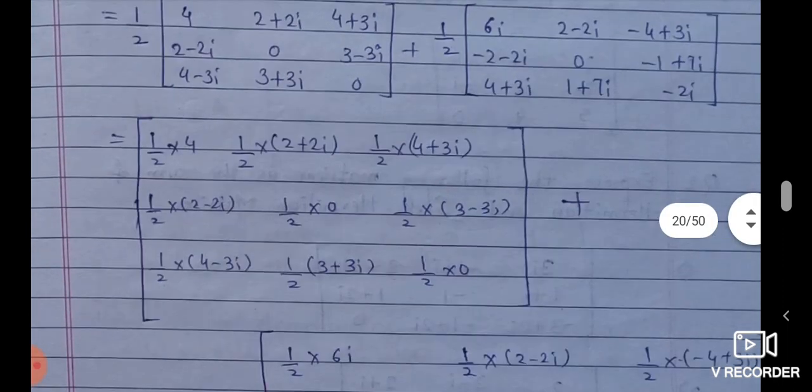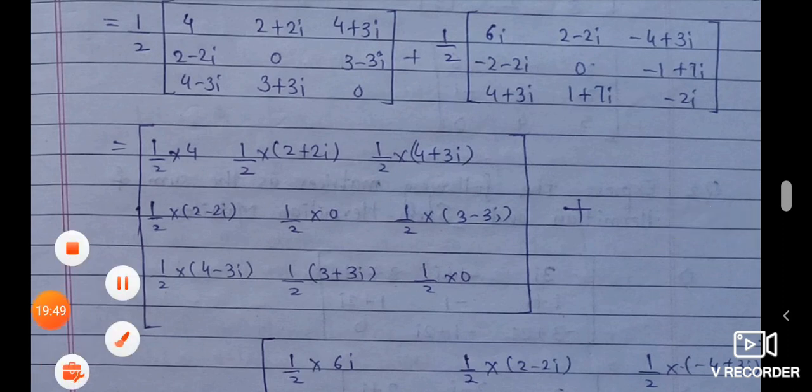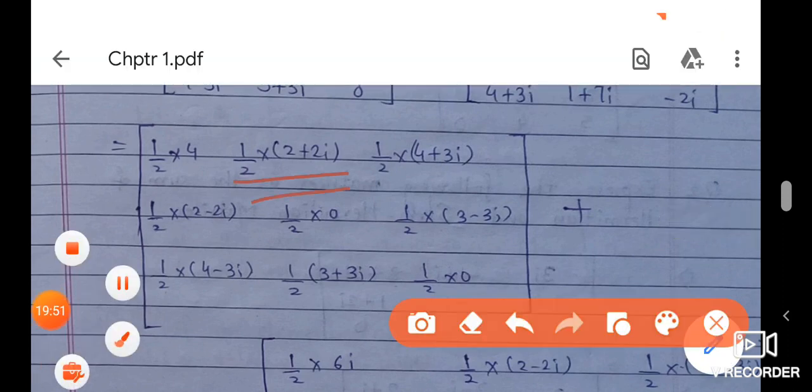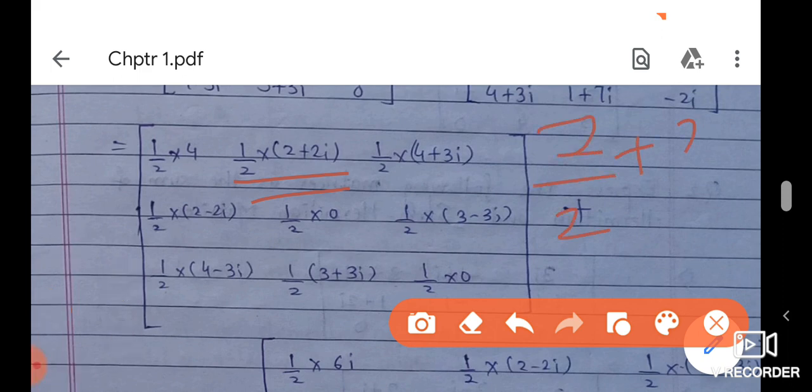Now while dividing here for the complex term, for this term, divide each and every term by 2. It means it will be 2 upon 2 plus 2i upon 2. Divide each and every term by 2. So this will be 1 plus i. Understood?